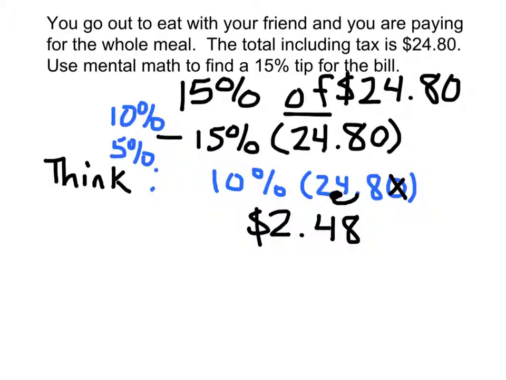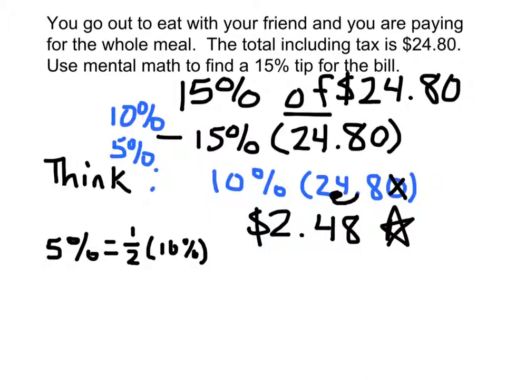Now, we found a 10% tip, but we don't want a 10% tip. So now, the next thing we're going to think is that 5% is really half of 10%. That's helpful to us because right here, this is 10% of the tip, and we already found that part.